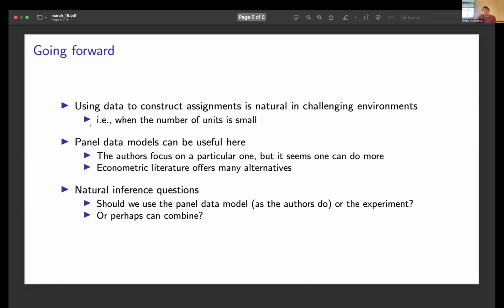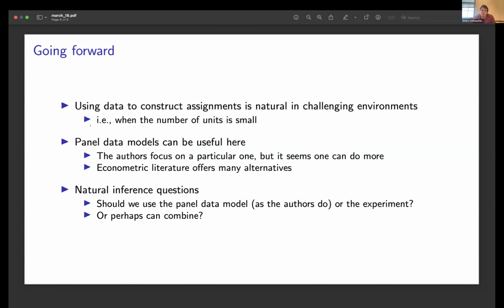Now, going forward, I think that using observed data to construct assignment is very natural in challenging environments, especially in situations when the number of units is small. I think this idea of how exactly we can do that using panel data models is very natural, and I think it can be pushed more.